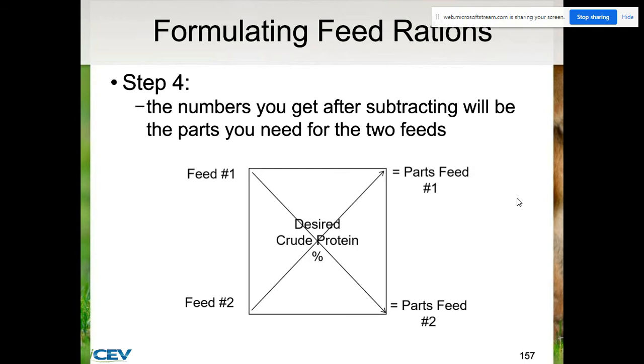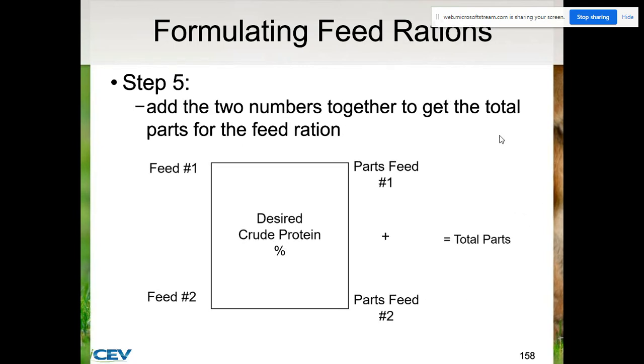Step four, after you get those subtracted: your feed one stays on the same line, your feed two stays on the same line, but the number goes to the top, and this number goes to the bottom. Then add these two numbers together: parts of feed number one plus parts of feed number two, and you get your total parts. Once you've subtracted everything across, you add these together, and that's your total parts.